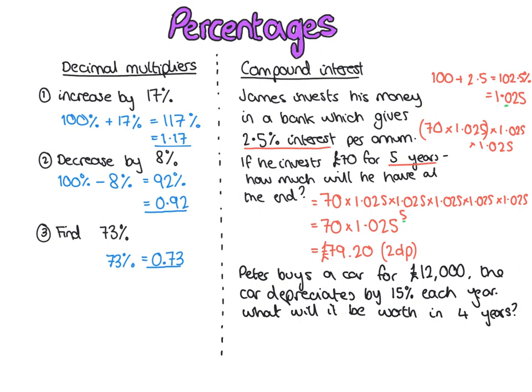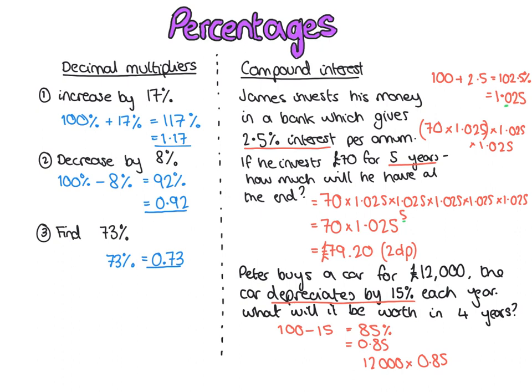Right, in this case, we've got a depreciation by 15%. Depreciate is a decrease, so 100 minus 15 gives us 85%, which is 0.85. So we start with 12,000 and multiply by 0.85.